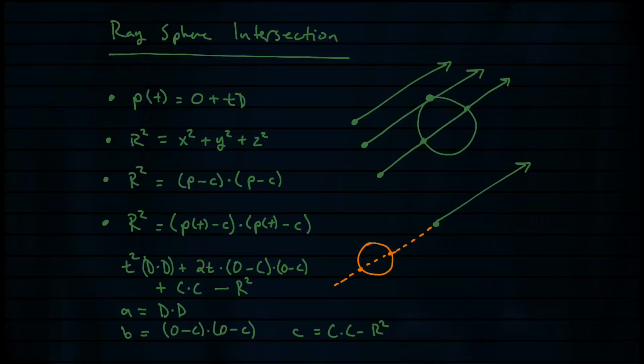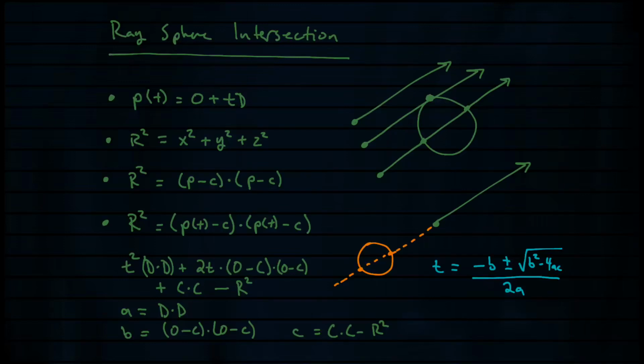And we know that the quadratic equation says that x will equal minus b plus or minus the square root of b squared minus 4ac, over 2a. The value under the square root is called the discriminant. And so if we solve this equation, not for x but for t, then we will get one of three situations.